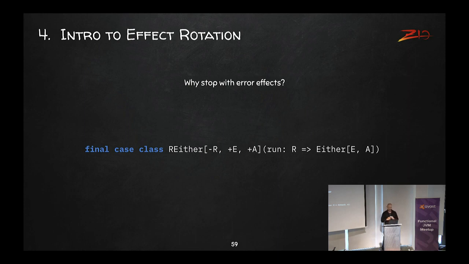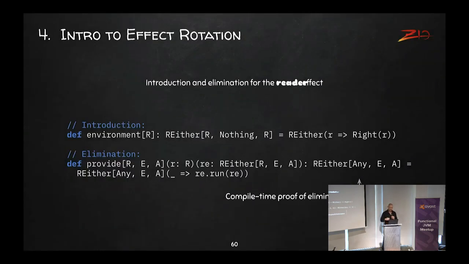So in ZIO, we have a model of reader plus error plus success. So this is the effect rotated version of ReaderT stacked on top of EitherT stacked on top of the identity monad. And what it is, it's just a function from R to either an E or an A. And we can in fact introduce and eliminate this R parameter.